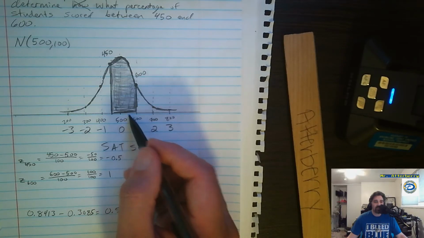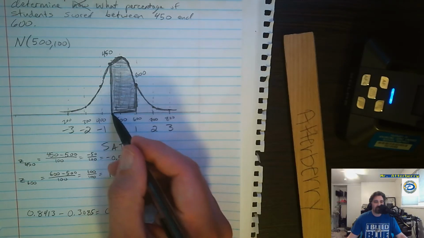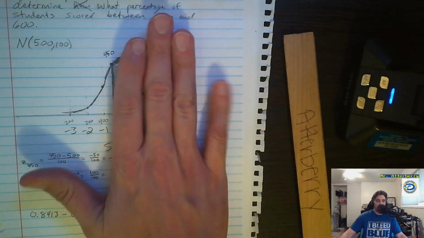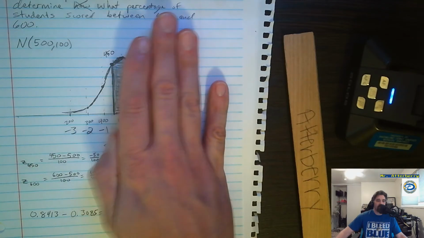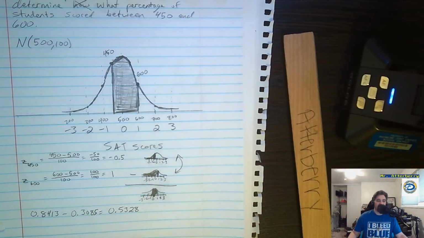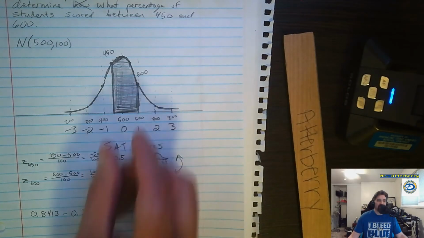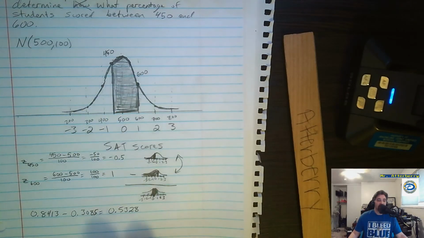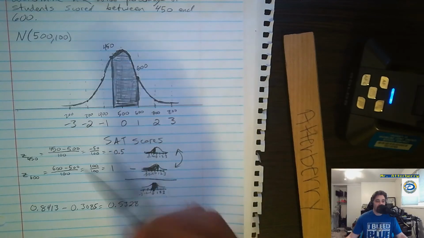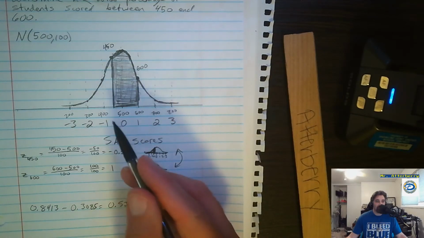I am finding the difference between this one and that one. I've got to subtract the 450. So for the 450, all that shaded region is about 30%, 0.3085. I find the difference, that means you got 0.5328, so about 53% of your scores from the SAT fall between 450 and 600.